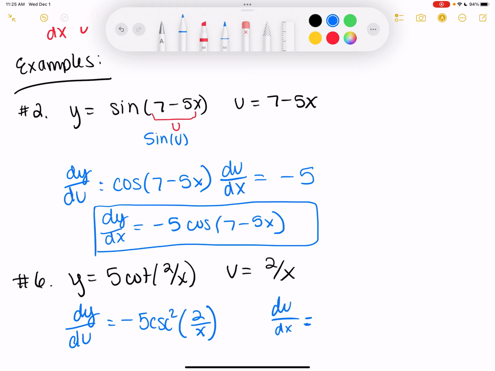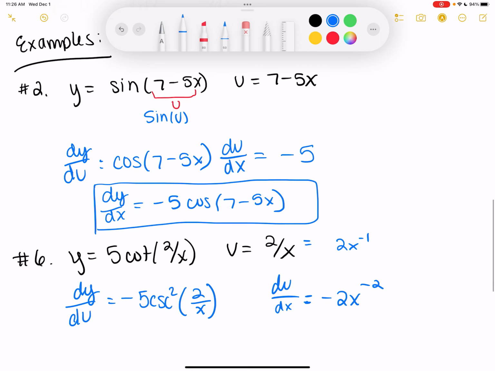Then what is the derivative of 2 over x? We can think about it as 2x to the negative 1. To the negative 2. And then we're just going to multiply this stuff together.